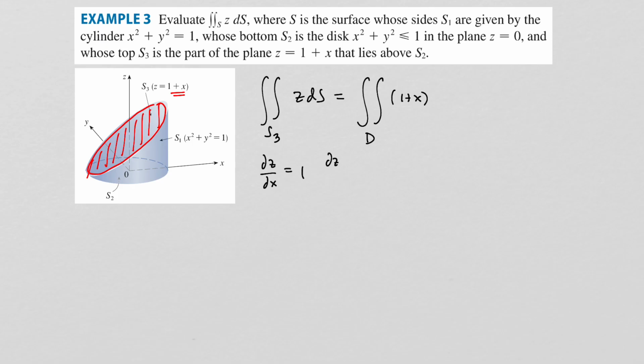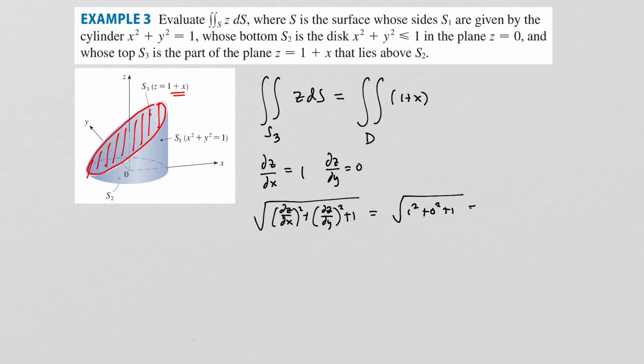The partial derivative of z with respect to y is 0. And therefore, the square root of the partial derivative with respect to x squared plus the partial derivative with respect to y squared plus 1 gives the square root of 1 squared plus 0 squared plus 1, which is the square root of 2. So we'll bring that in here, square root of 2, and then dA.